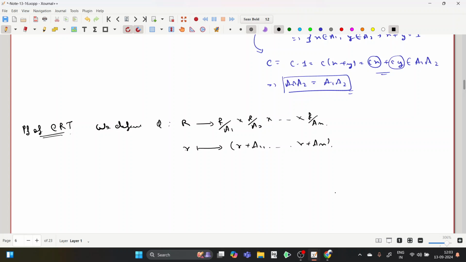And often using the term modulus is simpler than using the notation of R plus the ideal. Okay, so I will be using both the terms whenever required, but I guess you people can relate.